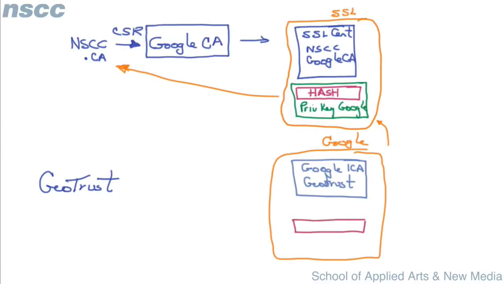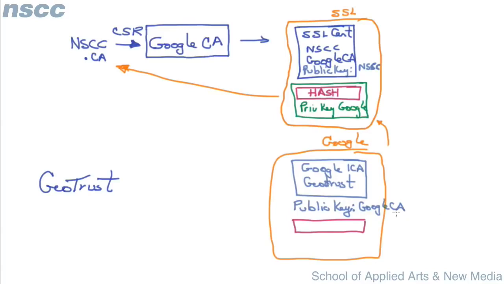So that information's on the certificate. Now, all certificates contain the public key for the entity that the certificate is from. So this is going to have the public key of Google, that intermediate CA. Up in here, we'll have the public key of NSCC, because the certificate up top is going to be used for secure communications with NSCC.